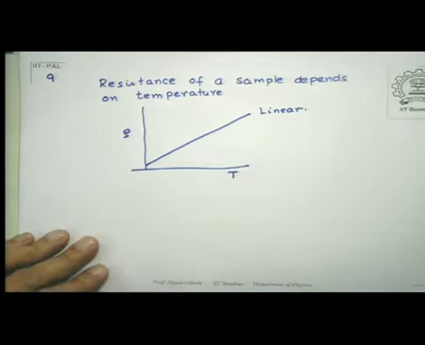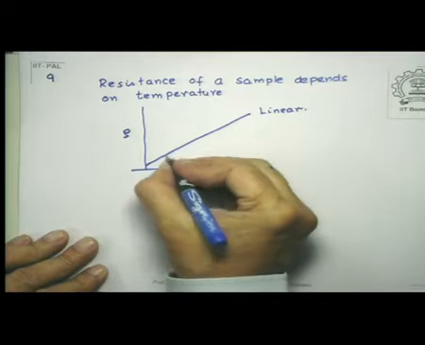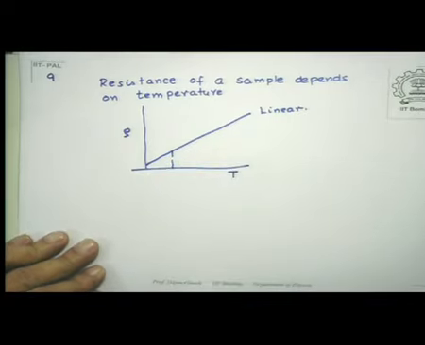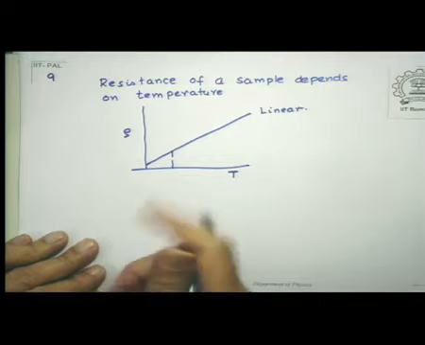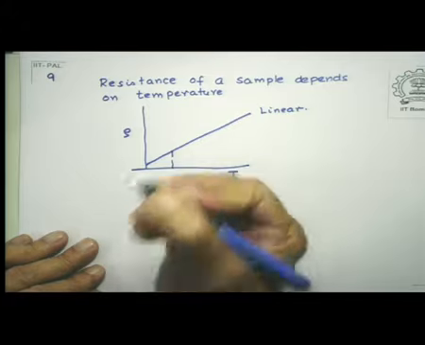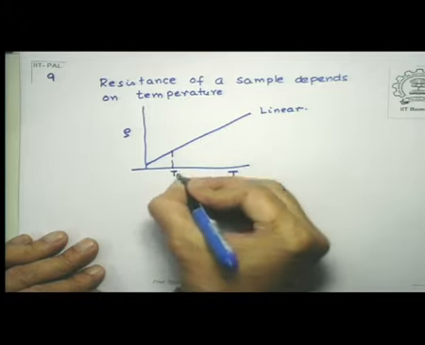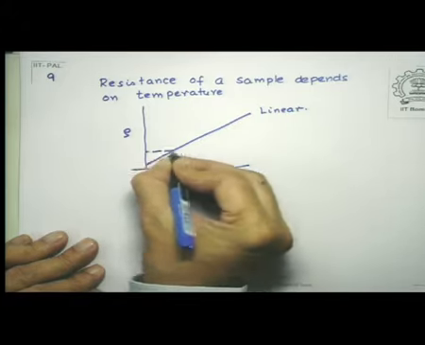Since it's a linear curve, you can take any point as your reference. If you take any point as your reference, let me call this some temperature T0, and let's say the corresponding resistivity is rho 0.